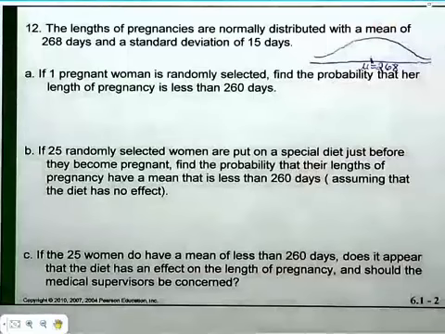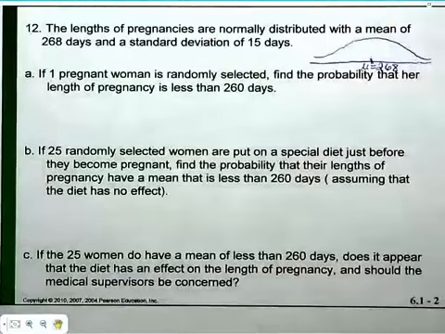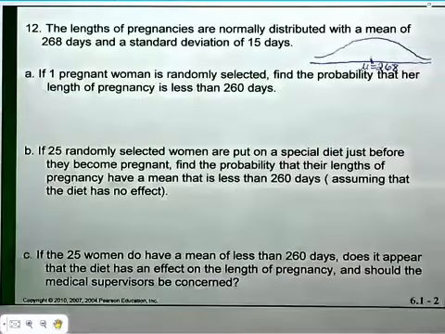In the A part, we're only concerned with one individual pregnancy. If one pregnant woman is randomly selected, find the probability that her length of pregnancy is less than 260 days. Well, that's definitely to the left of the mean.